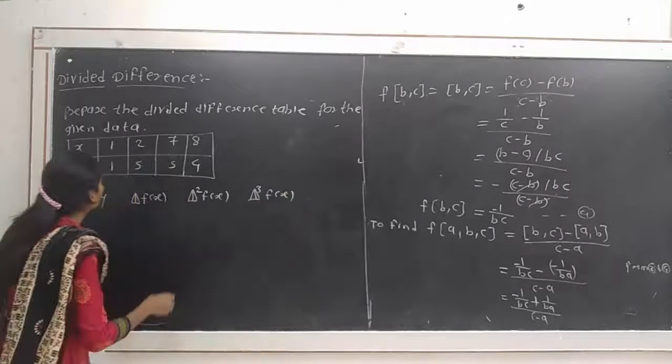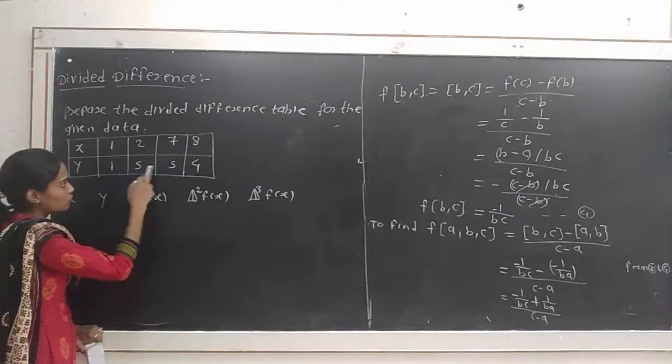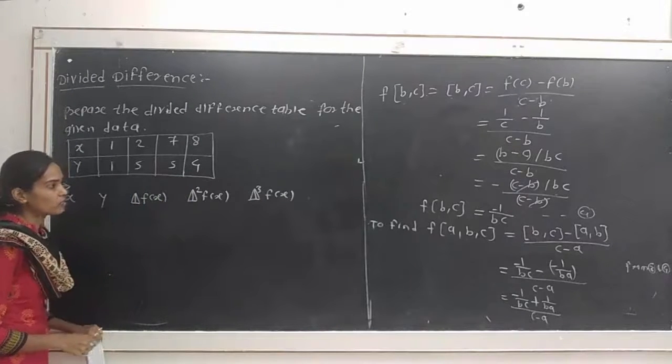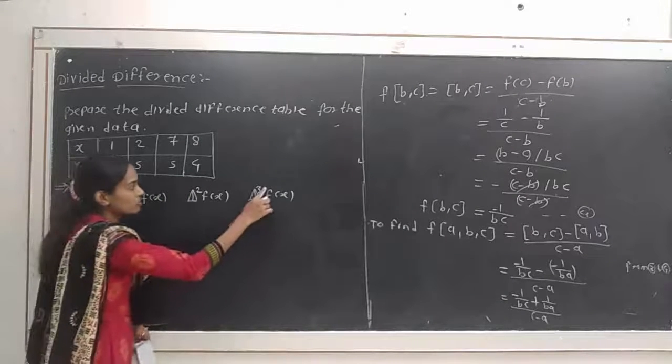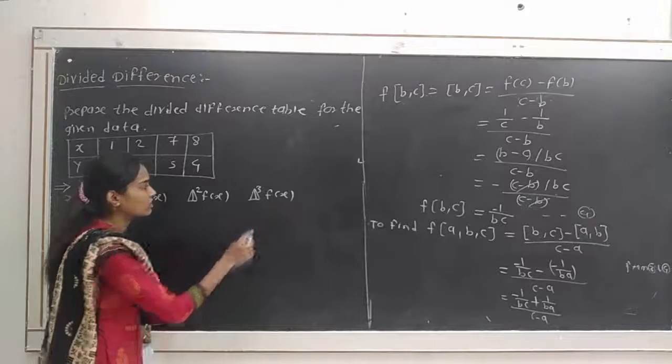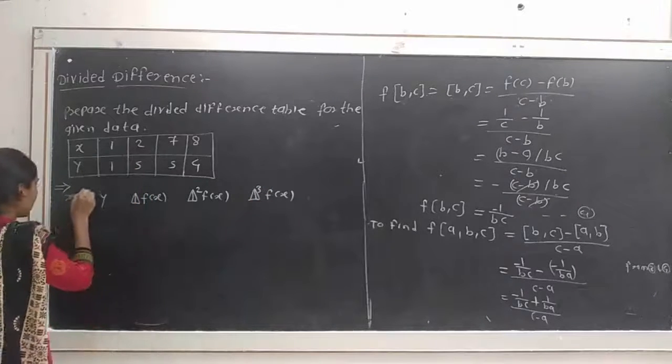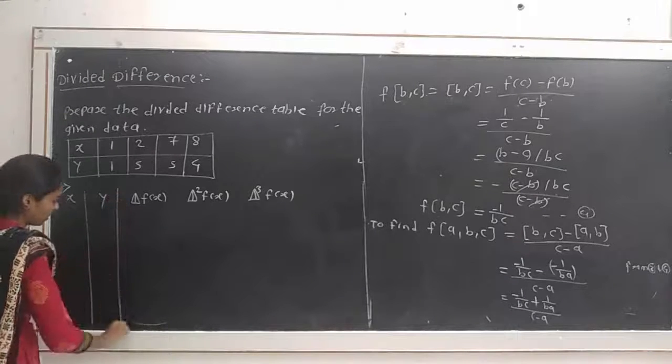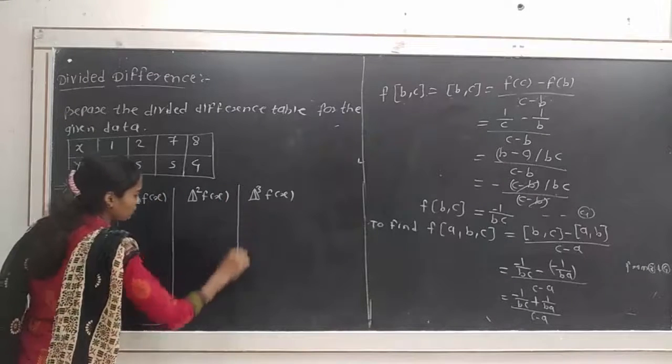Here we are given four pairs of values, so we have to get up to the third divided difference. Next, write the values of x and y and prepare the table.